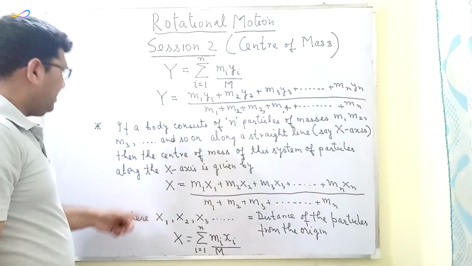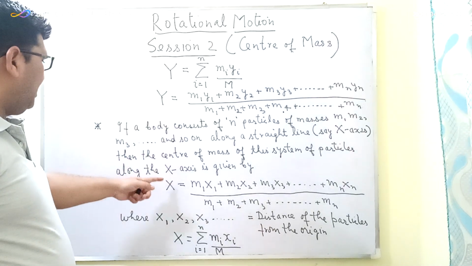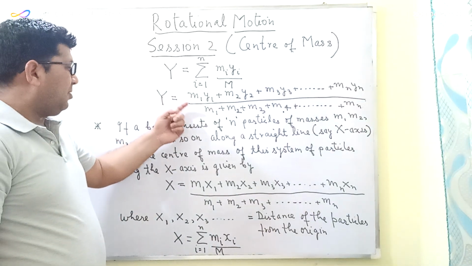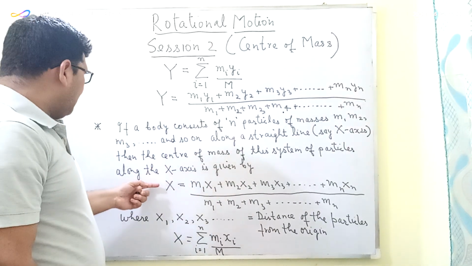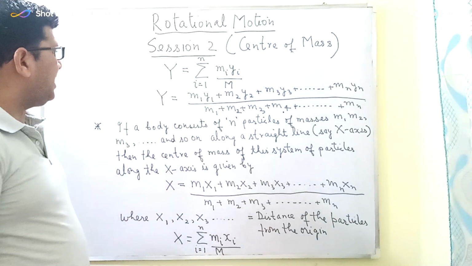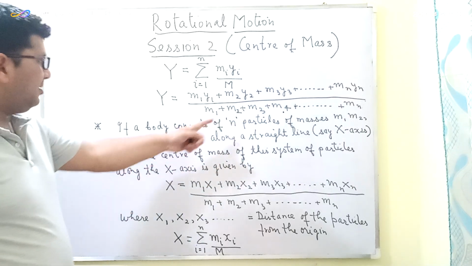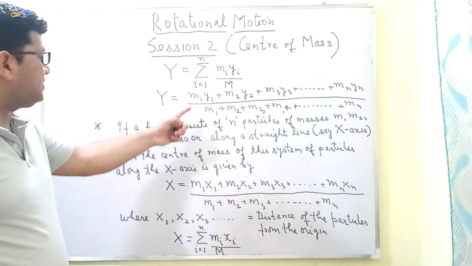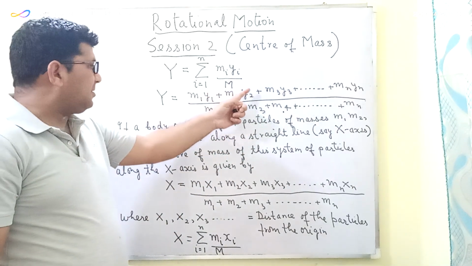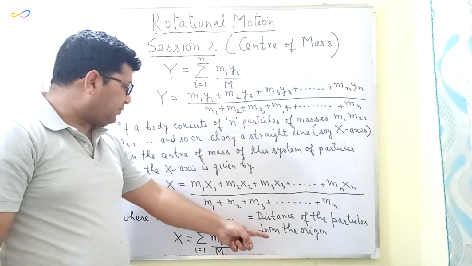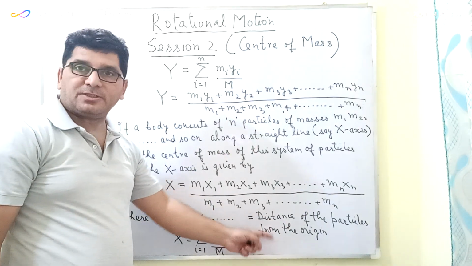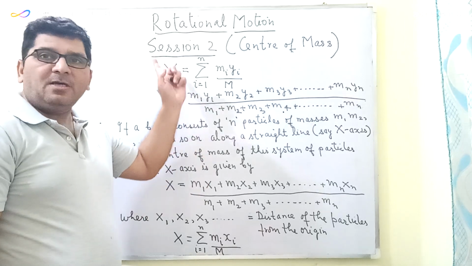So here y is the center of mass of this system of particles along the y-axis, and y1, y2, y3 and yn are the distances of the particles from the origin along the y-axis.